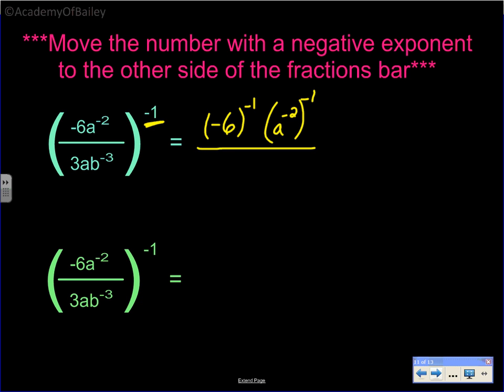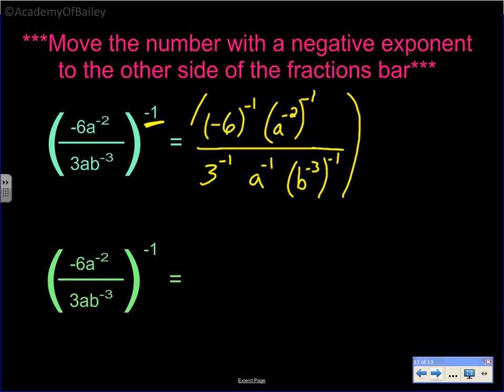It's going to go with 3 to the -1st power, a to the -1st power, and b to the -3rd power raised to the -1st power.